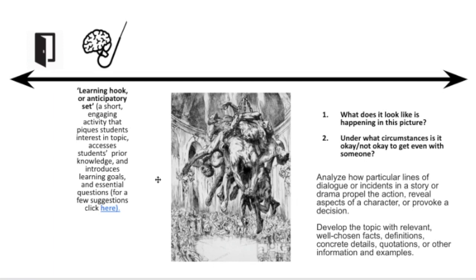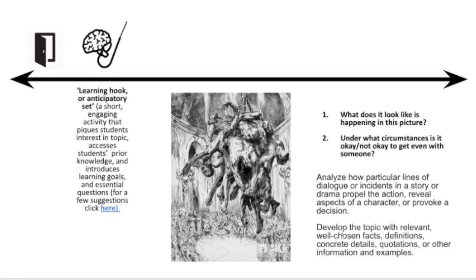and then we'd hit them with these essential questions like we have here, and communicate the learning objectives and say, actually, what we're going to tackle today is about this. And it's about this. What we want you to be able to do is analyze particular lines in a story and figure out, why does a character act or think or do or say certain things?